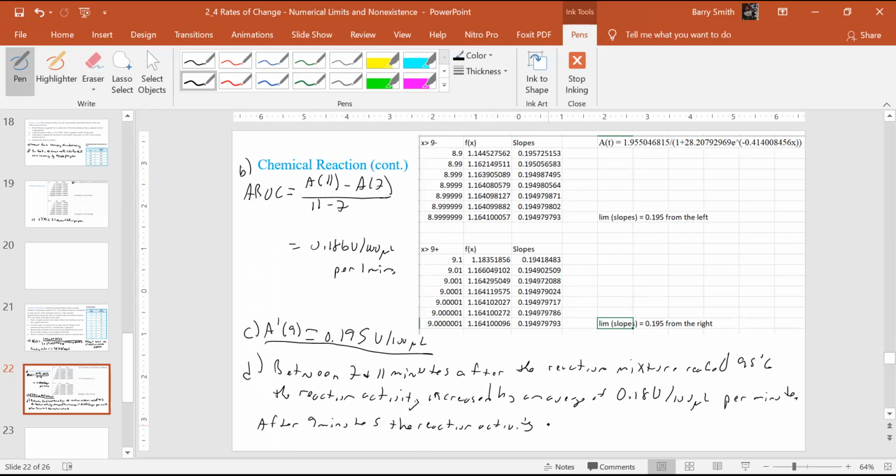Was increasing by 0.195 U per 100 microliters, and then again per minute.